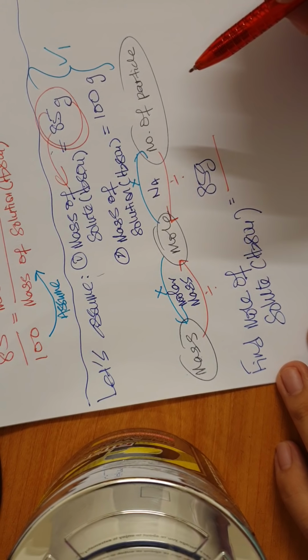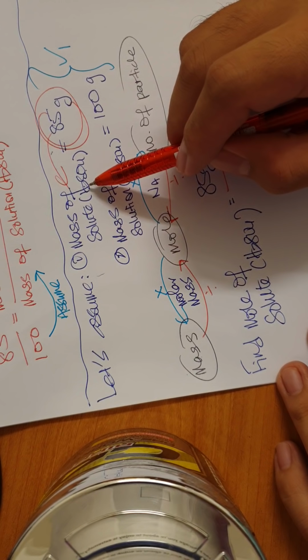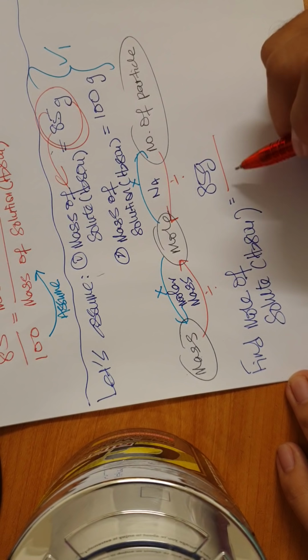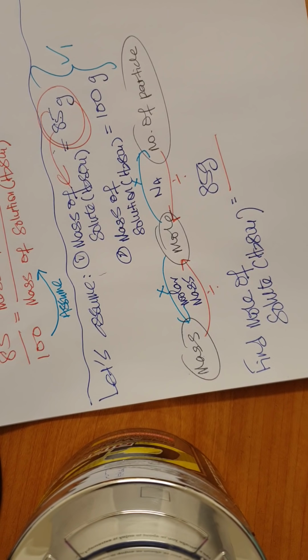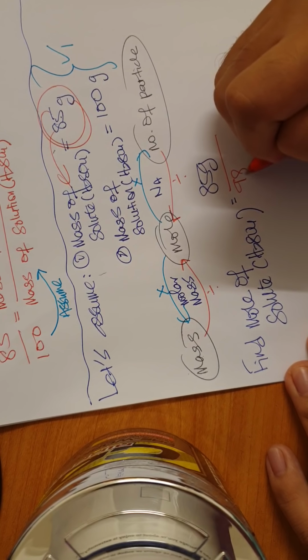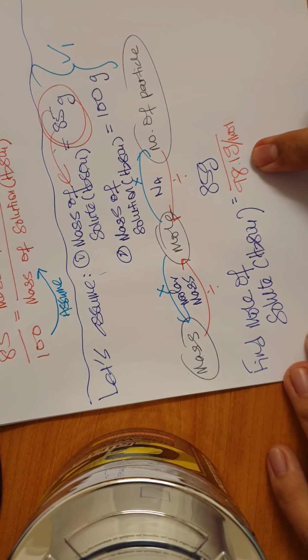You can calculate it, you can even find it using Google, but in the exam we will use the table that is given. So what is the molar mass of H2SO4? I'm just going to do that. The molar mass is 98.1 grams per mole. So this is what I have worked out.